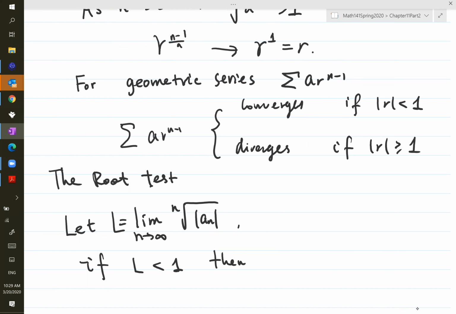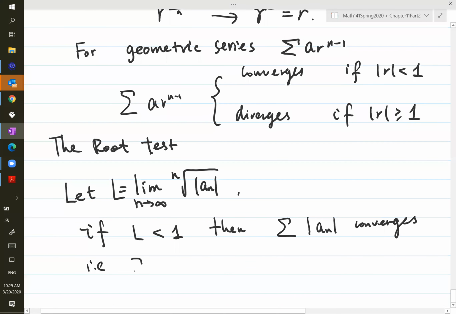Then we can conclude that the series converges absolutely.